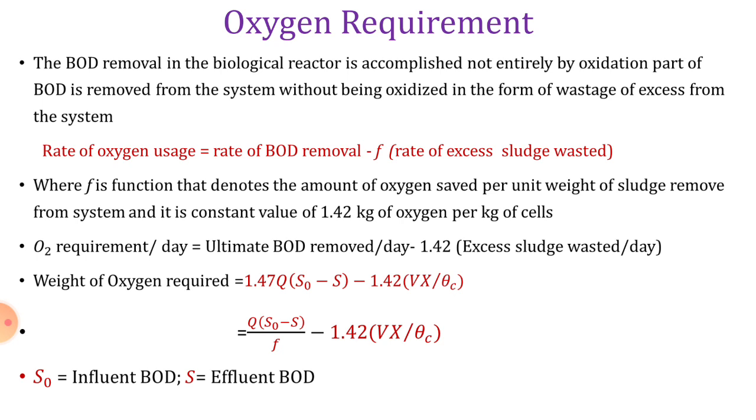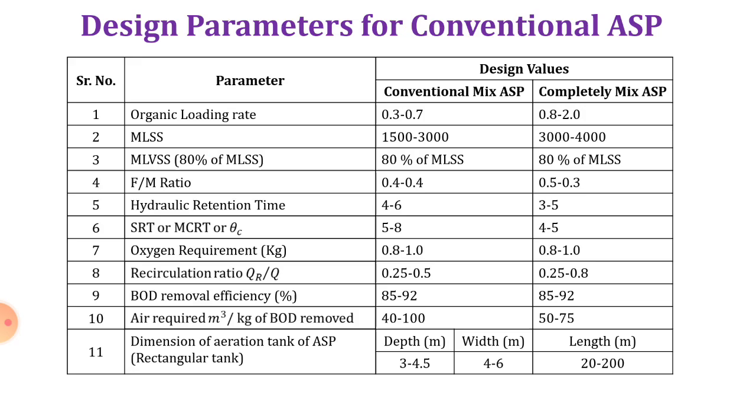Therefore, the weight of oxygen required will be Q (S0 minus S) divided by F minus 1.42 Vx by theta C, where S0 indicates the influent BOD and S denotes the effluent BOD.